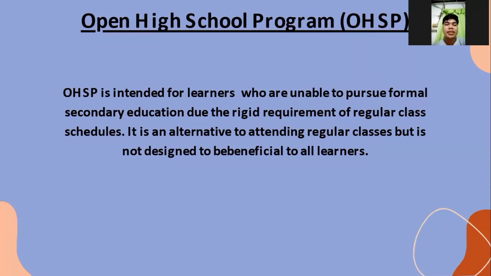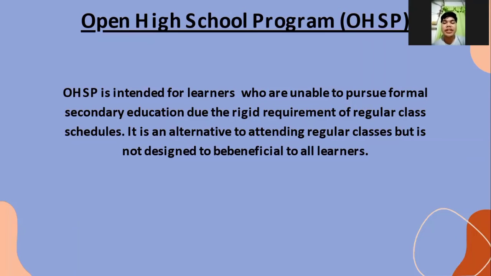The Open High School Program is intended for learners who are unable to pursue formal secondary education due to rigid requirements or regular class schedules. It is also an alternative to attending regular class, but is also designed to be beneficial to all learners. Most learners may still learn best by attending regular formal secondary education.